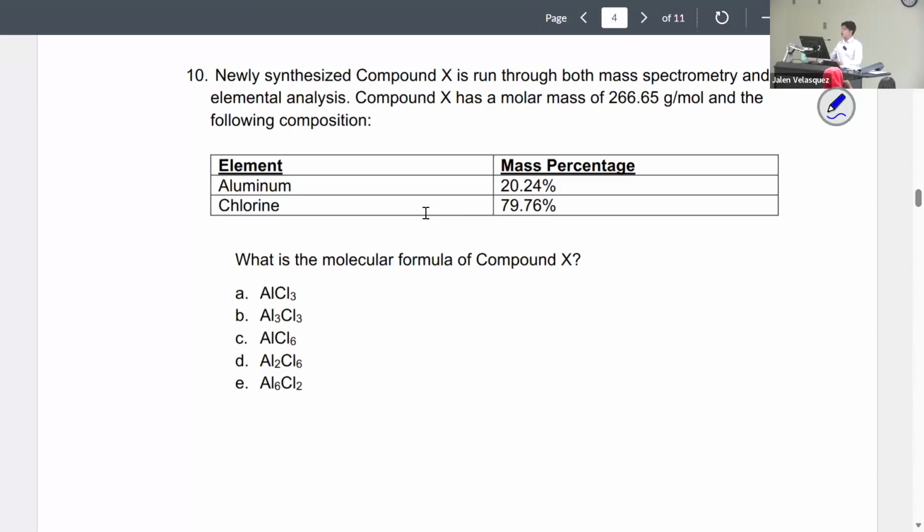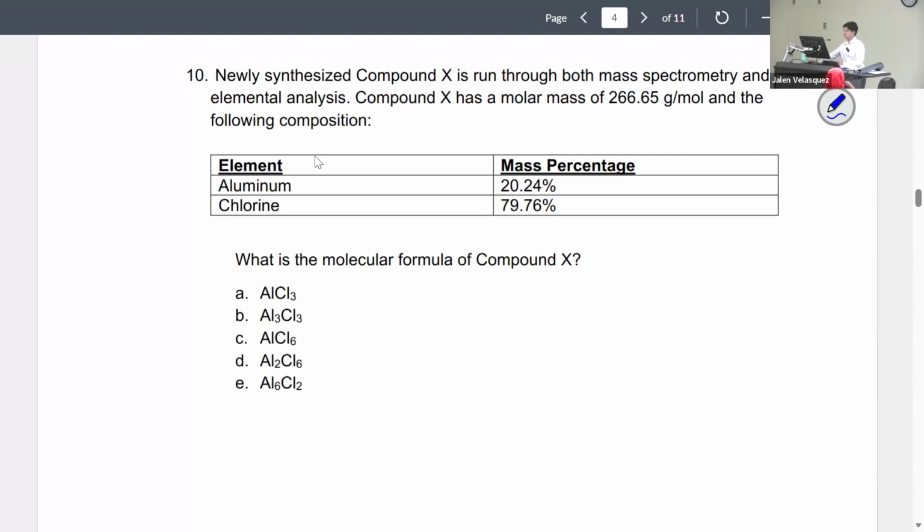Mass spectrometry is an experimental analysis to find out the mass of a compound. So that's how we get this through mass spectrometry. And then the elemental analysis, like it sounds, is going to tell us what elements are in there.